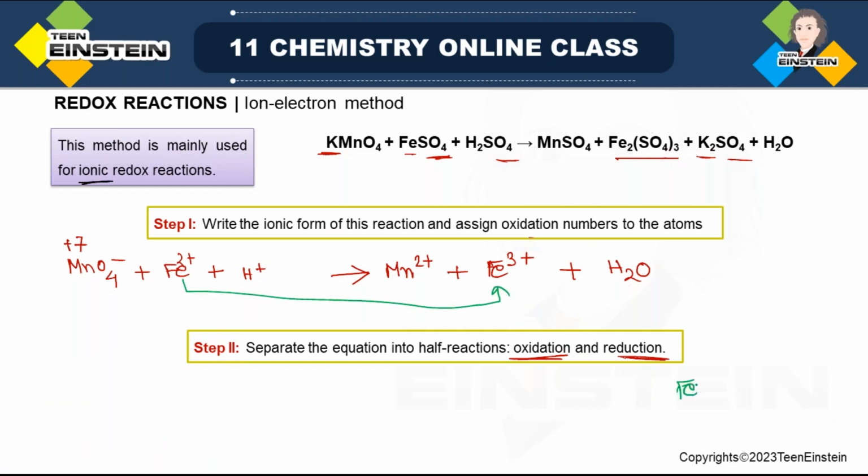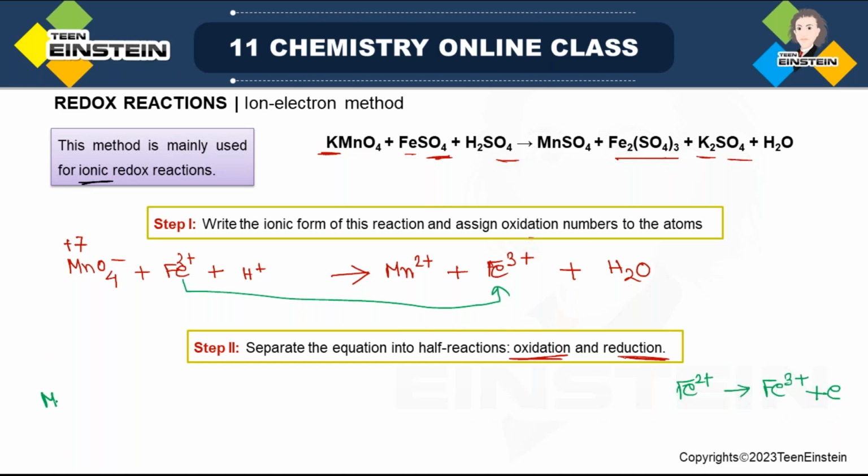That means Fe²⁺ becomes Fe³⁺. Now to balance the charge, we will write an electron, or you can also do it later, but I am just writing it here. See here, 2 positive charges, but on the right hand side it is 3 positive charges. So I am just adding 1 electron. 1 electron is removed from Fe²⁺.